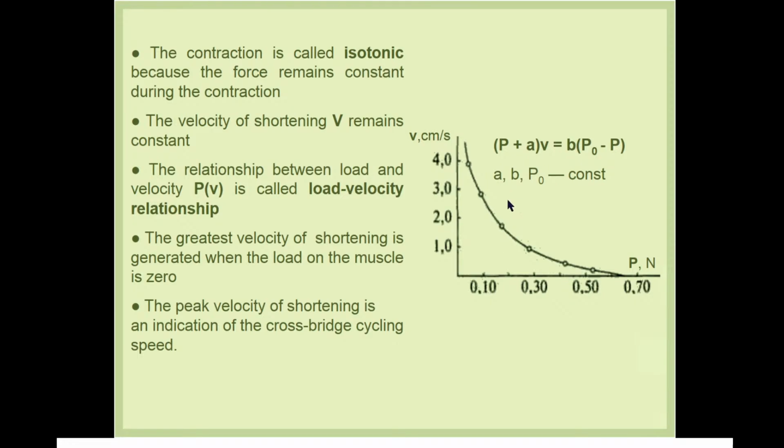So you can see this relation between the force, that is the load, and the velocity of the skeletal muscle contraction under this load, and you can see that this relation is inversely proportional.